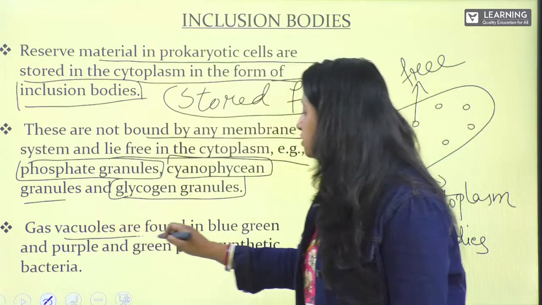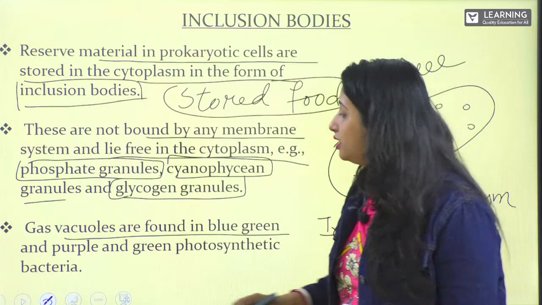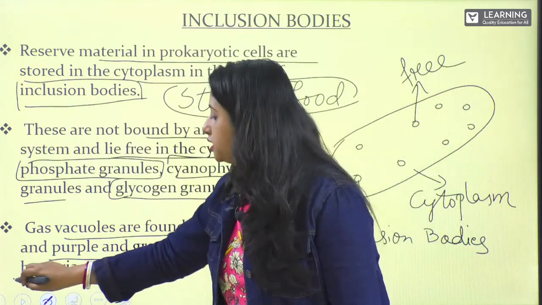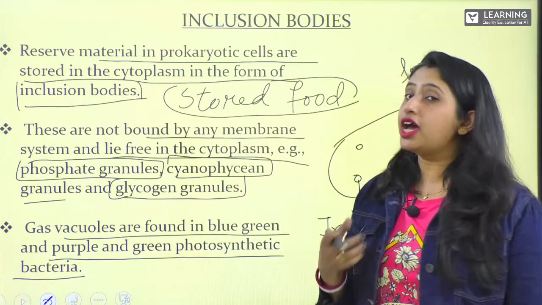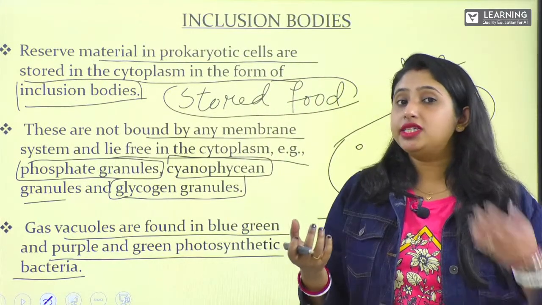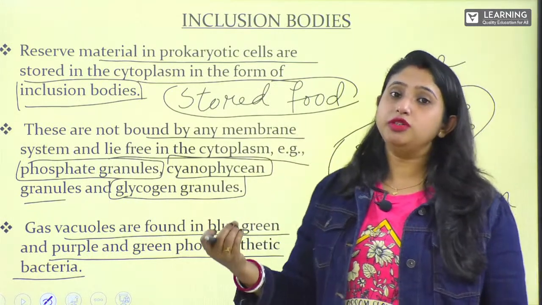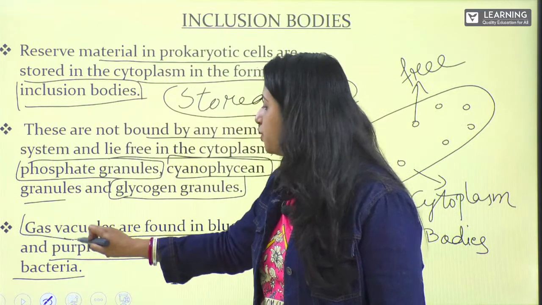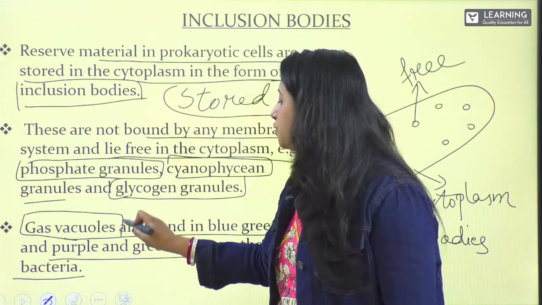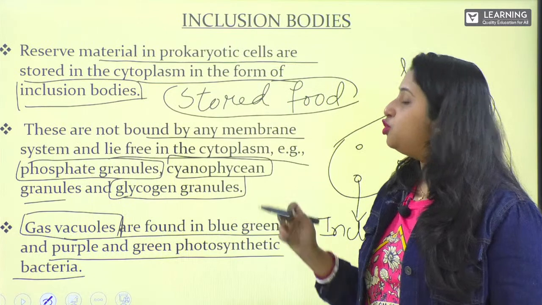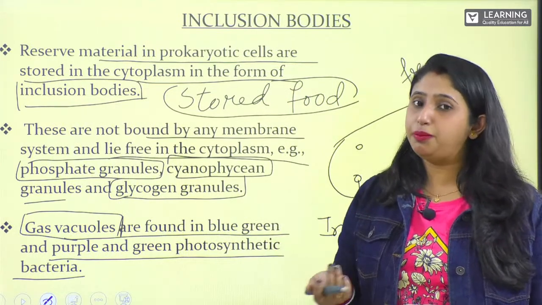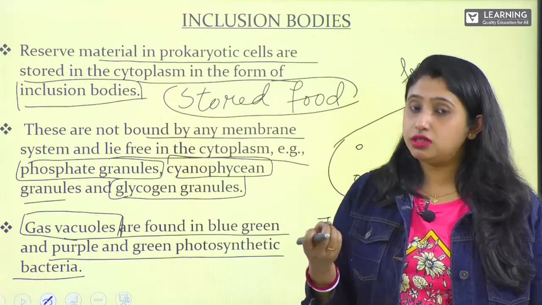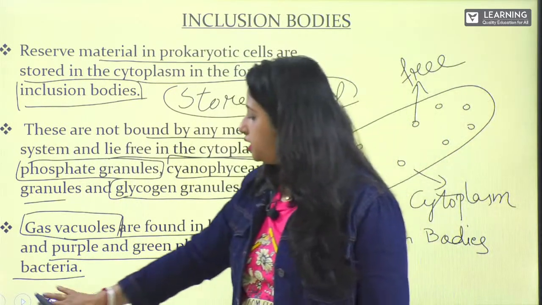The gas vacuoles are found in the blue-green algae and purple and green photosynthetic bacteria. So in the case of cyanobacteria, which perform photosynthesis, they have a special gas vacuole. This is found in the blue-green algae or the purple and green bacteria, and they are responsible for the process of photosynthesis. They are photosynthetic bacteria.